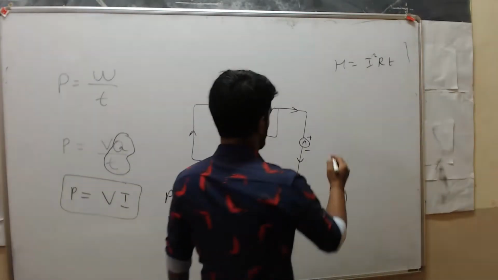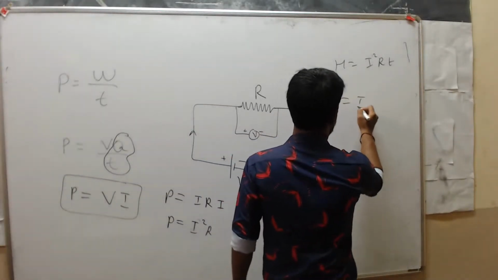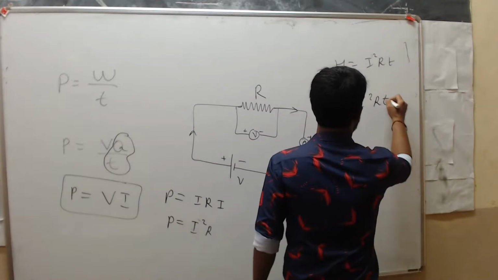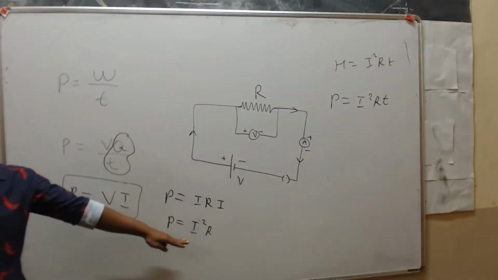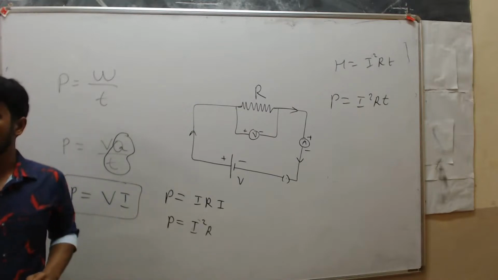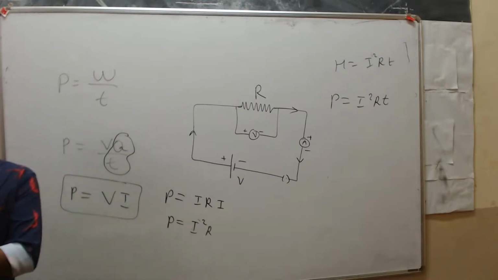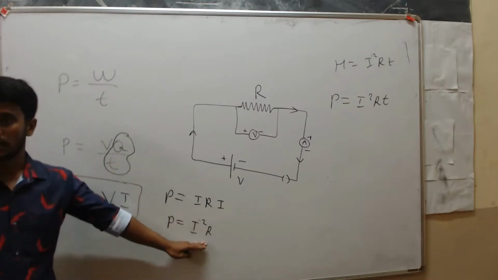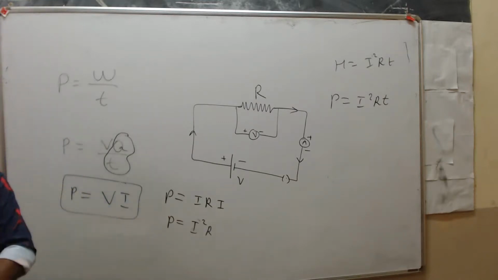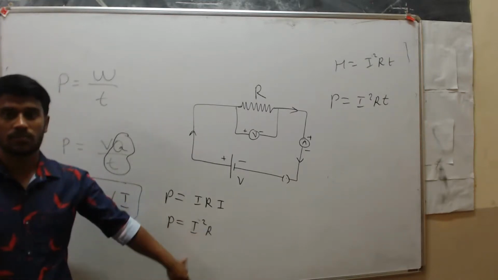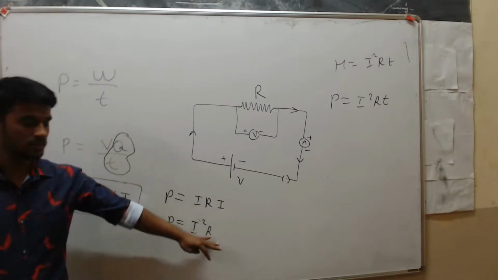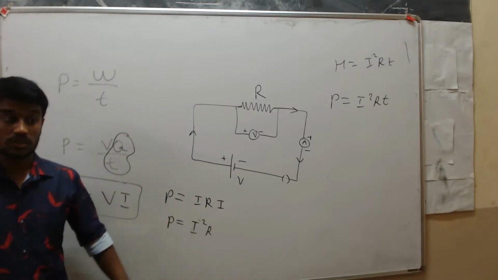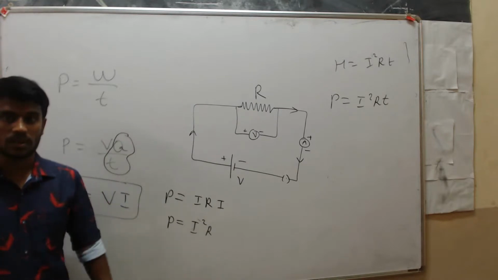This is the power for a short time, but if you use it for 10 seconds, you multiply by 10. If you use it for 20 seconds, you multiply by 20. If you use it for 1 hour, you multiply by 1 hour, that is 3,600 seconds.